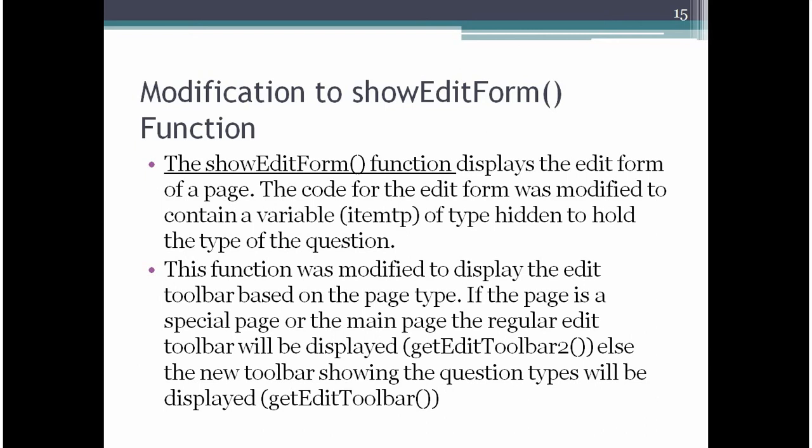And so I've added a piece of code that checks what's the type of the page, and accordingly will decide which toolbar to display. It displays the toolbar by calling a function that's called getEditToolbar, which I had to create a replica of and modify. So now I have two functions. One of them displays the regular toolbar, and the other one displays the new toolbar, which shows the question types.